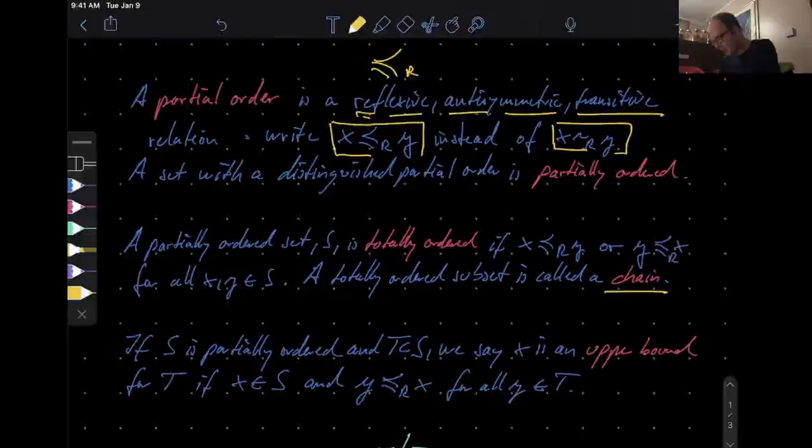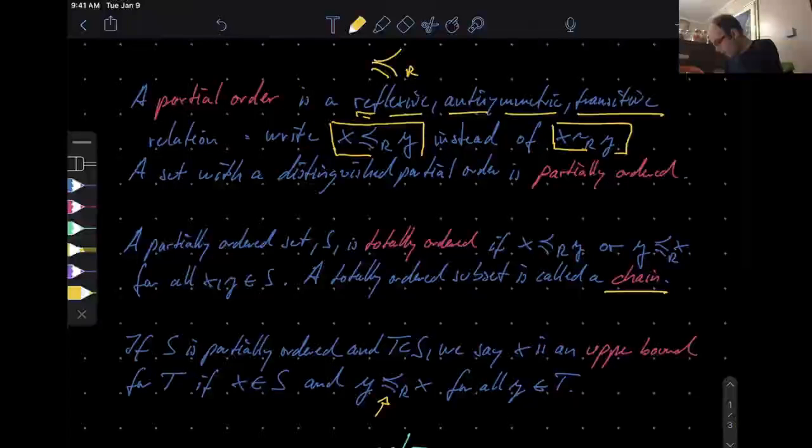So if S is a partially ordered set and T is a subset, so for instance think about S as the real line and you take T as a compact interval, then we say an element X is an upper bound for T if X is in S, so it should be a real number, and all the elements in T should be less than or equal to X. That's what you intuitively think about what an upper bound does. But here, of course, this is in general not less than or equal, this is a general relation. But nevertheless, I spoke about it in that way so that you understand the motivation. So that's what you call an upper bound.